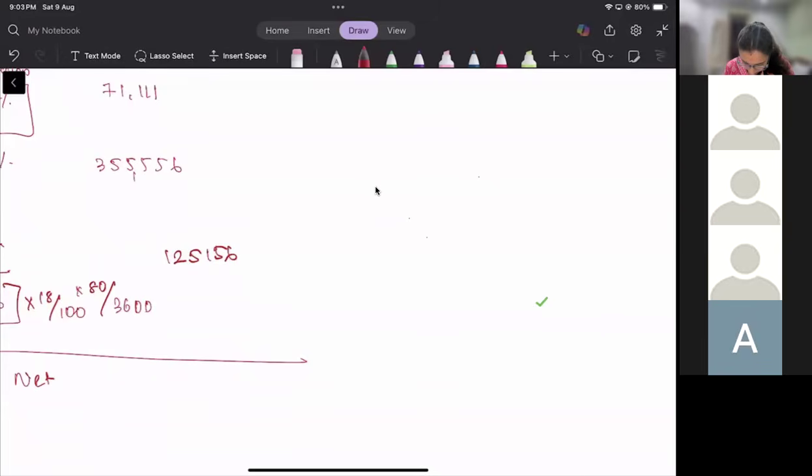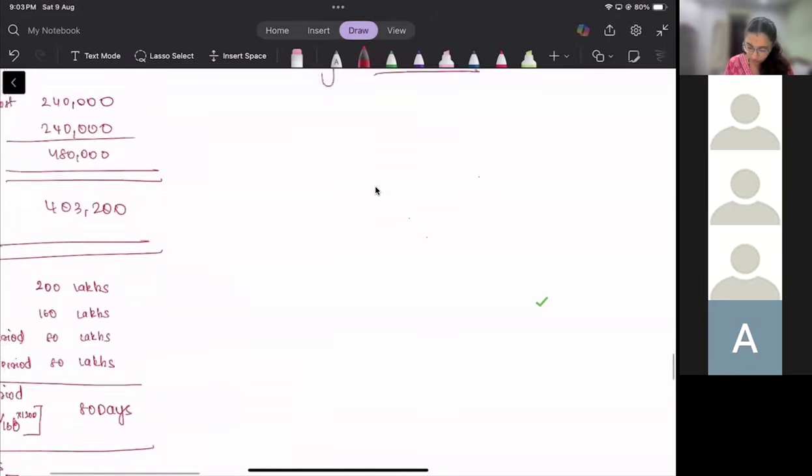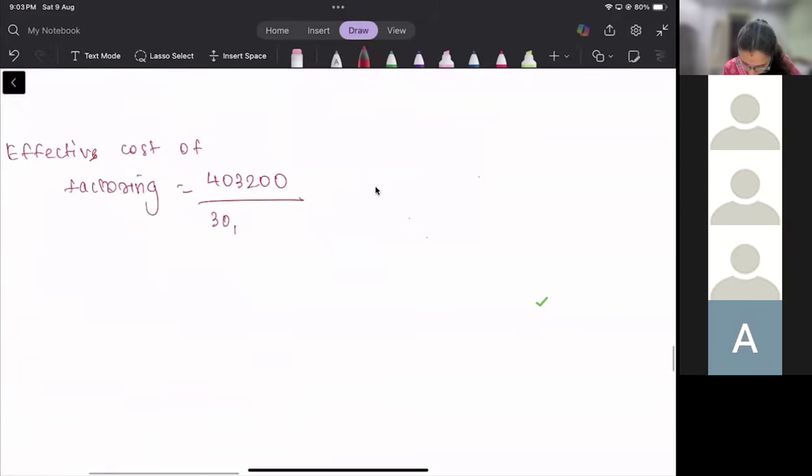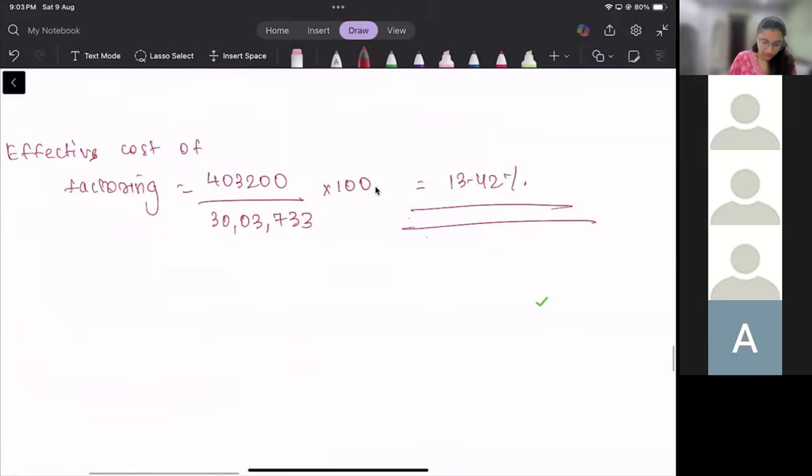Net payable from the point of view of the factor would be 30,03,733, or receivable from the point of view of the firm. You will get the effective cost of factoring as 13.42. Did you get this?